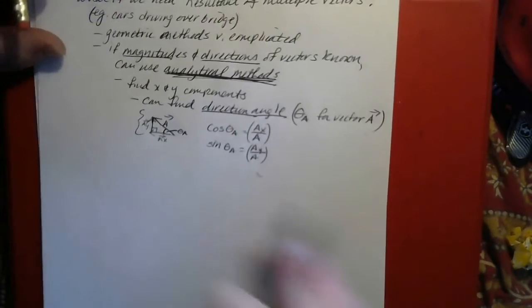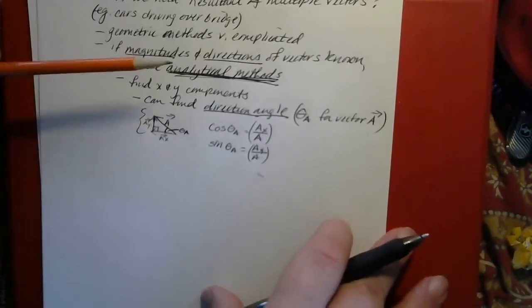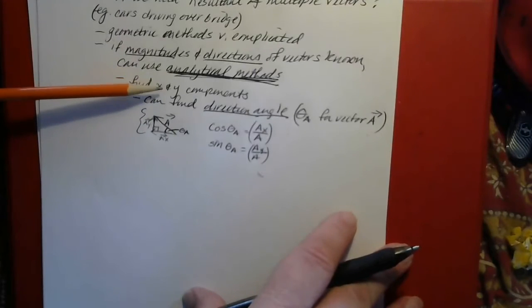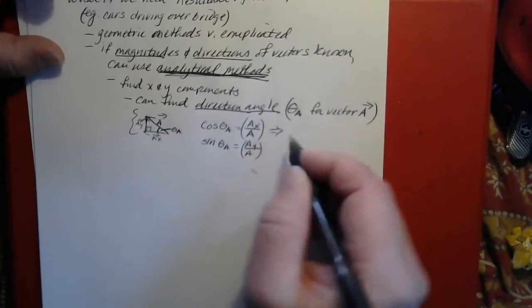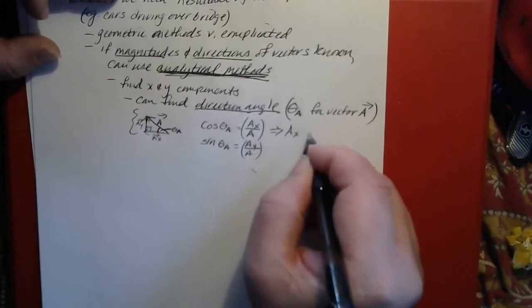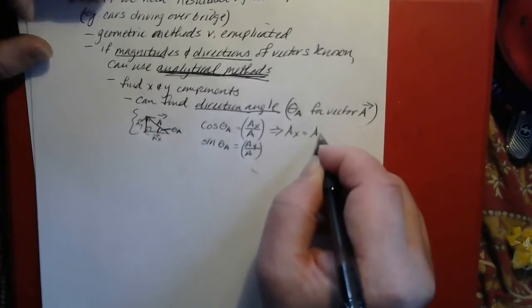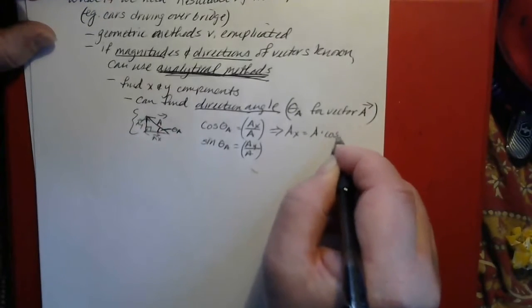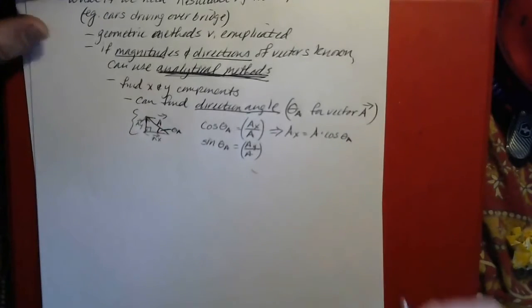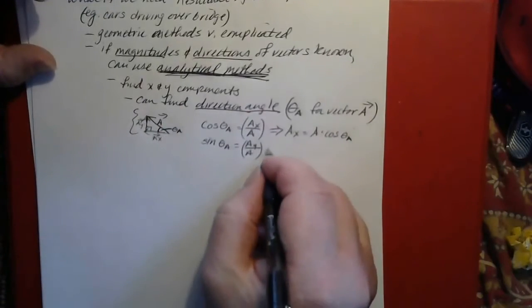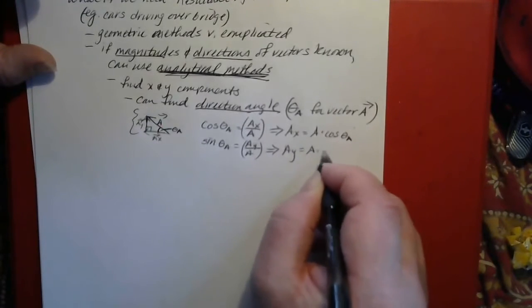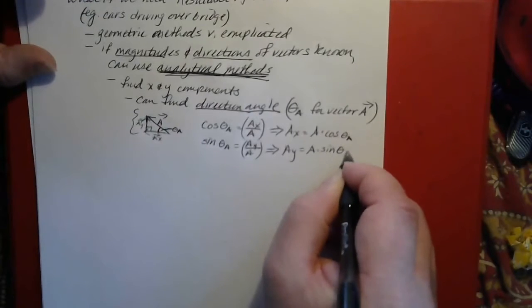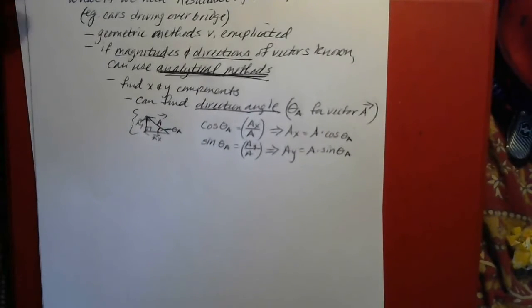This is all very nice to know, but what we're really looking for here is finding the x and y components. So you can rearrange these equations to find Ax, which is just the magnitude of the vector itself, A, times the cosine of theta A, the angle of the vector, and Ay is equal to A times the sine of theta A, the angle that the vector makes with the x-axis.